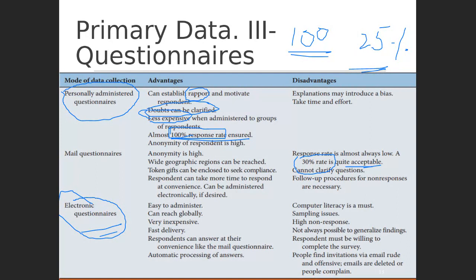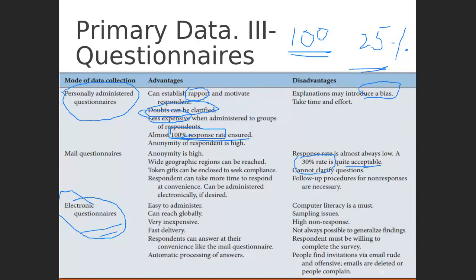If you are explaining your research topic and purpose differently to different respondents, then different respondents have different understanding of your research topic and they will respond differently as well. So there is a risk of introducing bias through personal administration.